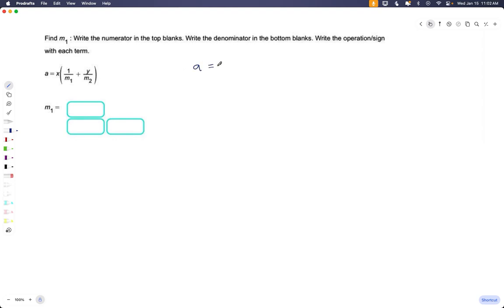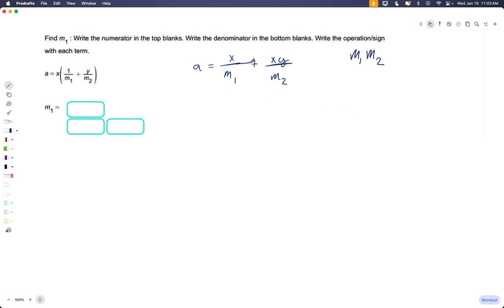A is equal to x over m1 plus xy over m2. M2 is your common denominator.